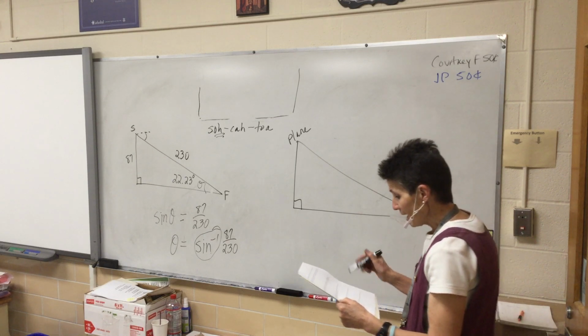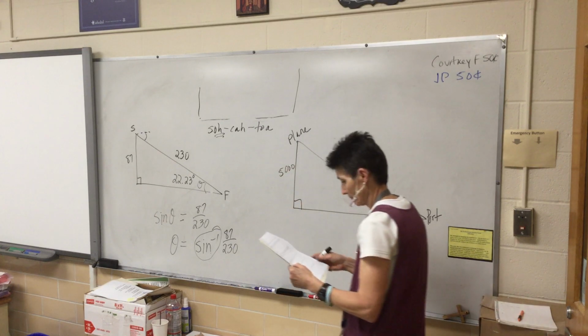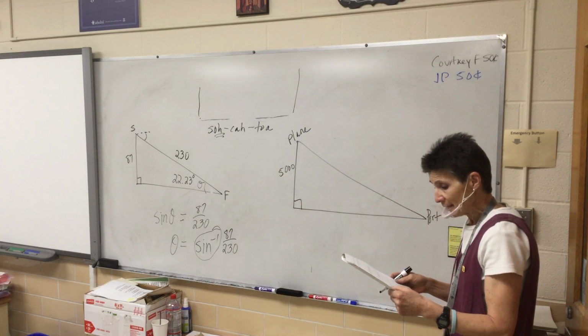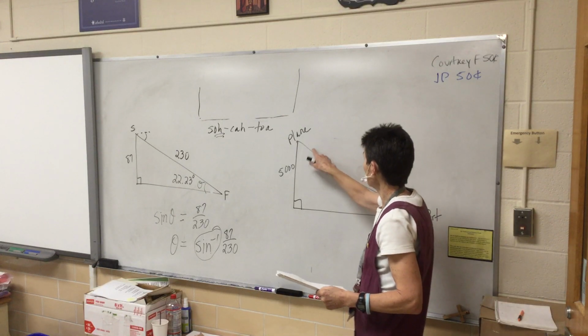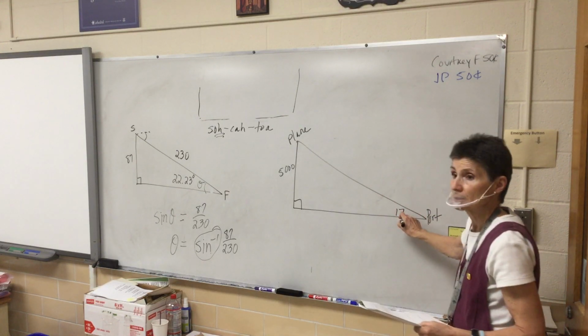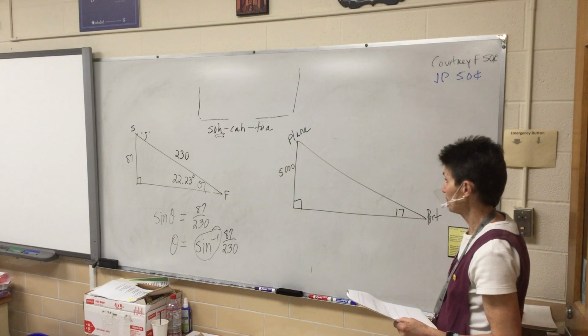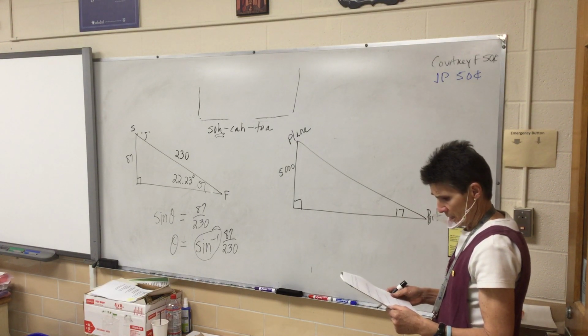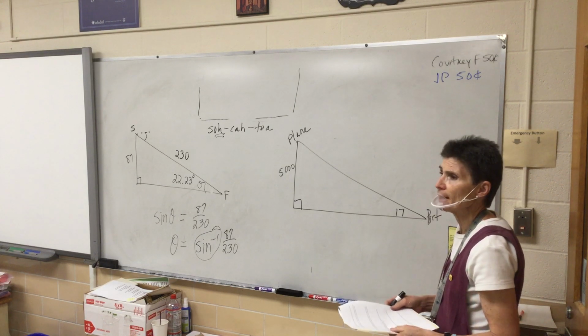He is 5,000 feet above the ground, and the angle of depression is 17 degrees. So again, technically up here, but I'm going to mark it down here as an angle of elevation. How far is the plane from the airport?